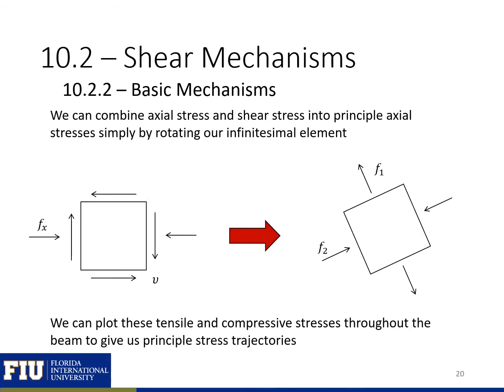We can combine these axial stresses from our bending moments and our shear stresses into principal axis stresses. So we have our axial stresses and our shear stresses, and we can rotate our element to get a diagram with our principal stresses. We can then plot these tensile and compressive stresses throughout the beam to give us what's called a principal stress trajectory.